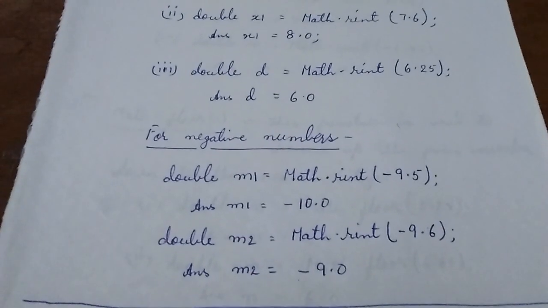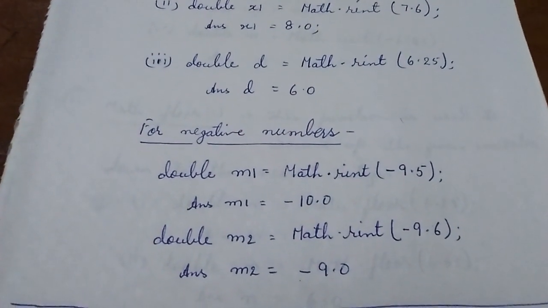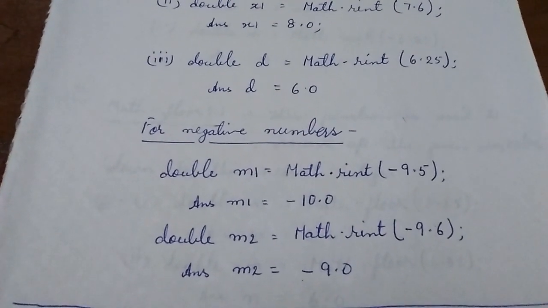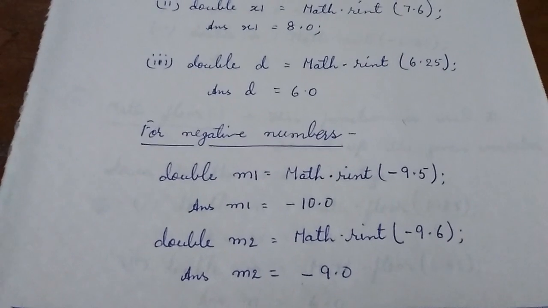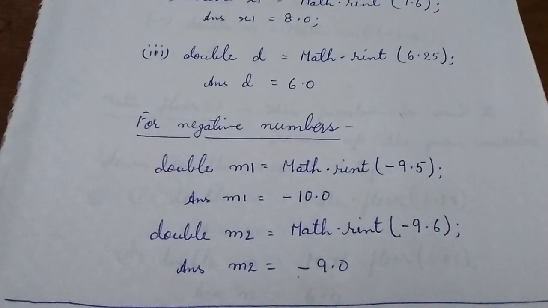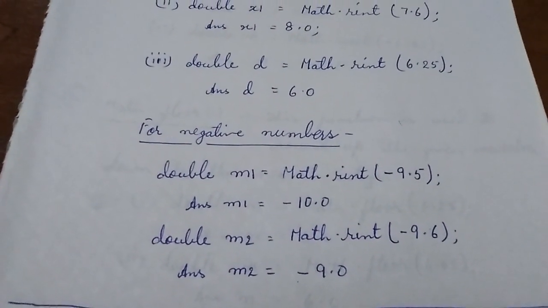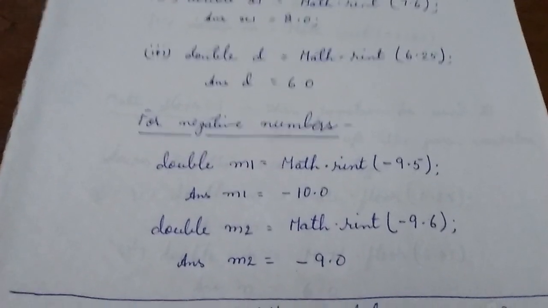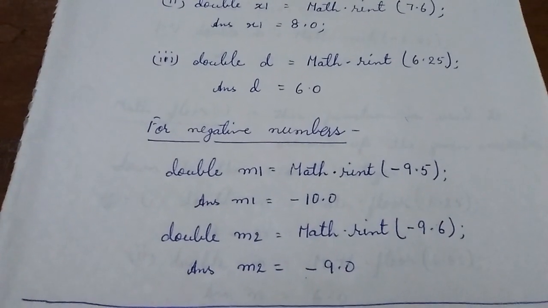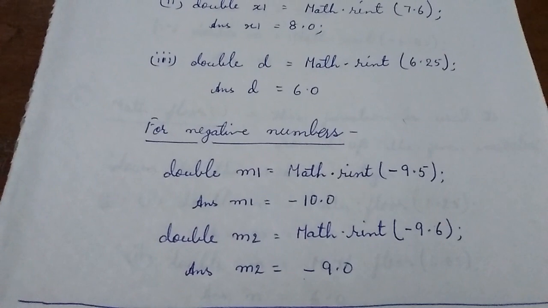For negative numbers, double m1 equals Math.rint(-9.5). Again, we see that it is 0.5. If it is 0.5, it will not go to the next higher digit. So it will go back to the next smallest digit. So it will return -10.0. The next example we see double m2 equals Math.rint(-9.6).